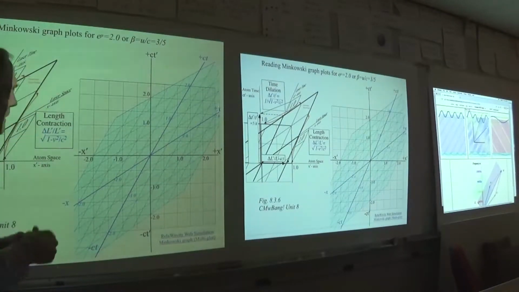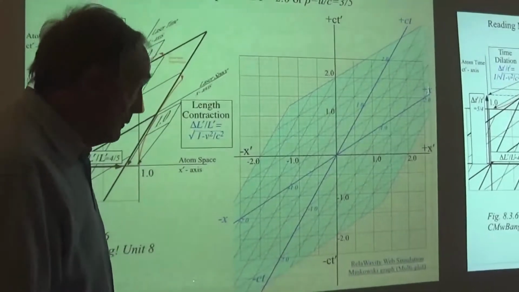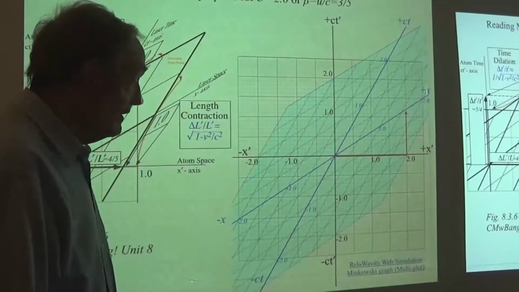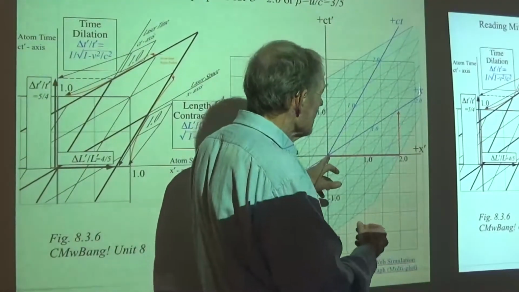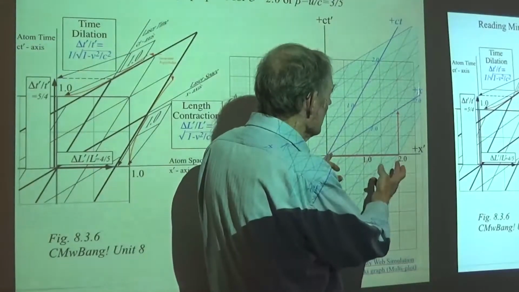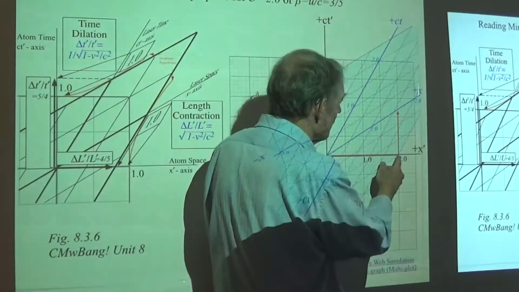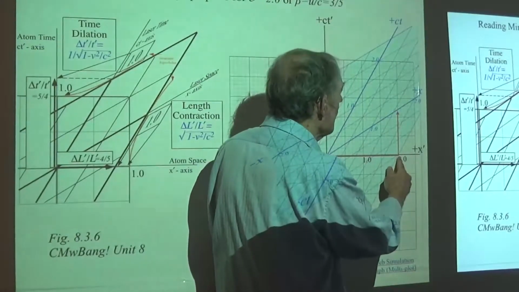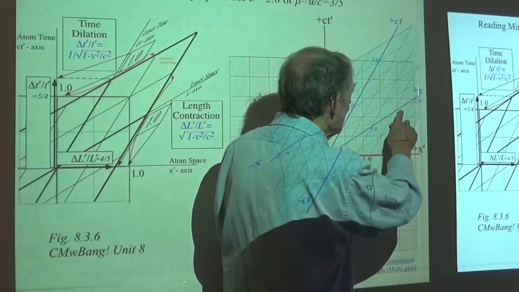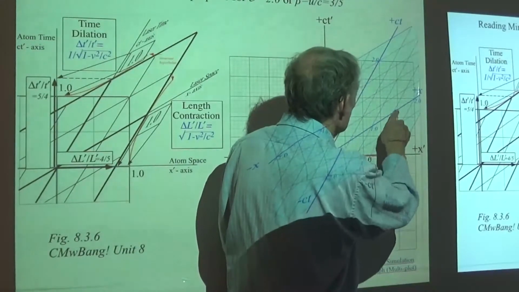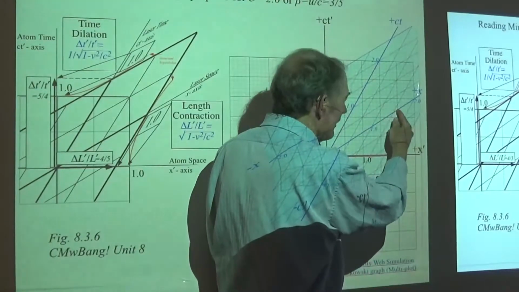I'll come back later. What I want to show you first of all is what is weird about this contraction. For example, if I looked at where 2.0 is on the graph up here, where do I end up? I end up at actually 1.6.